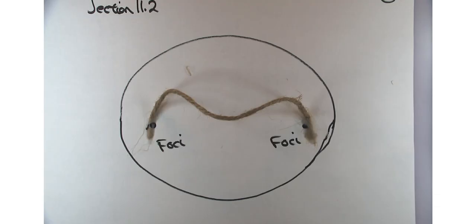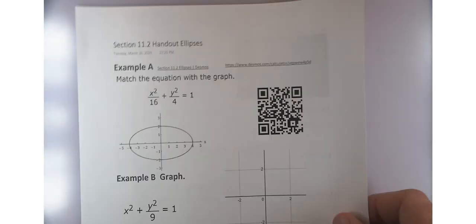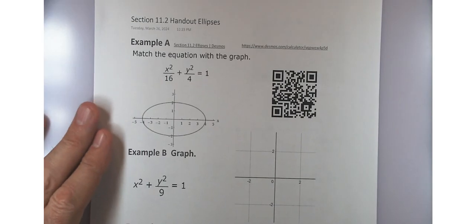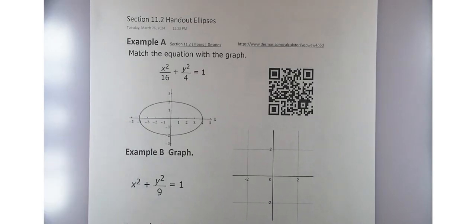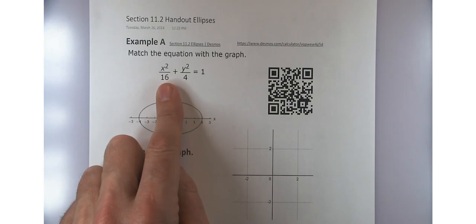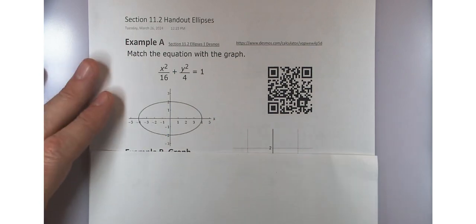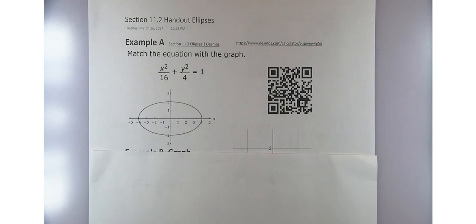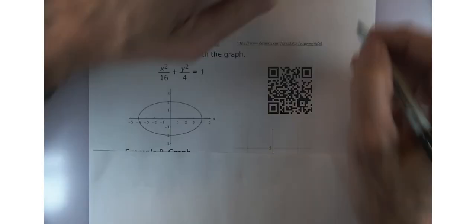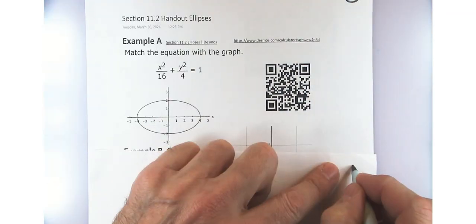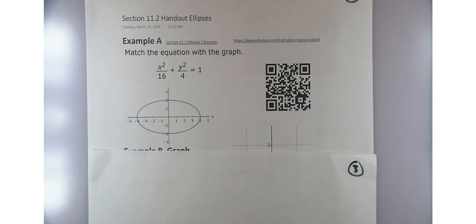To get familiar with those, let's start with some equations. And the first one I want to start with is this one, x squared over 16 plus y squared over 4 equals 1. Now we're going to take a couple looks at the graph of this, but if you were unfamiliar with something like this at all, then a good place to start would be to try and find, say, the intercepts, the x-intercepts and the y-intercepts.